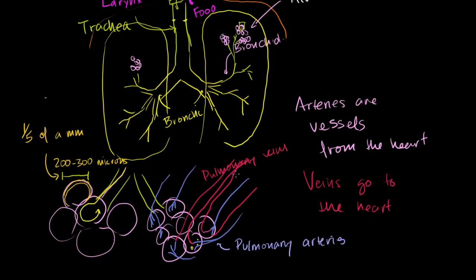Now you're saying, Sal, what does pulmonary mean? Well, pulmo comes from the Latin for of the lungs. It literally means the arteries that go to the lungs, and the veins that come from the lungs. So anytime people talk about pulmonary anything, they're talking about our lungs, or something related to how we breathe. So it's a good word to know.